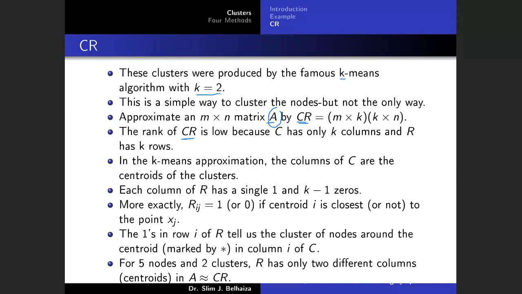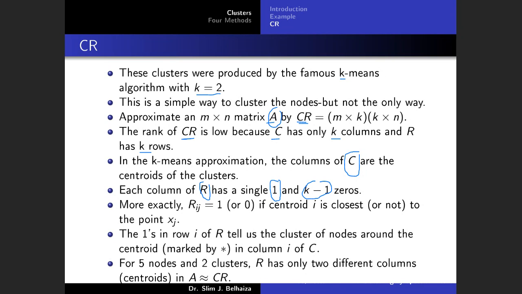The rank is low because C has only K columns and R has K rows. In the K-means approximation, the columns of C are the centroids of the clusters, and each column of R has a single 1 and K-1 zeros.